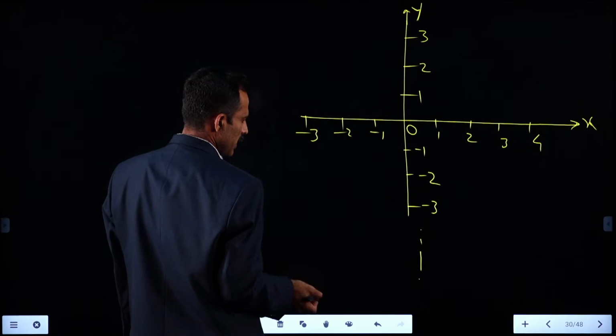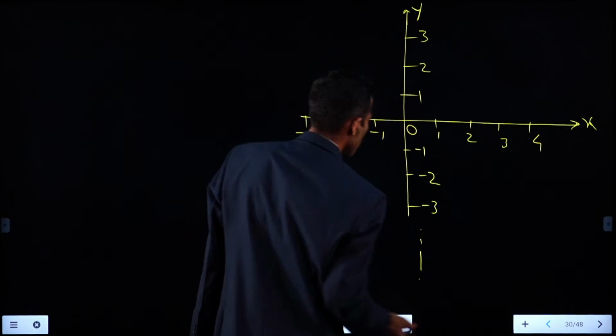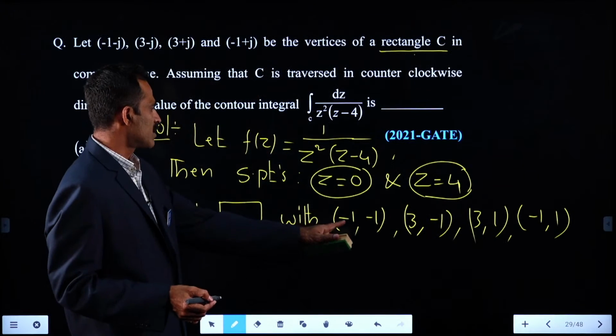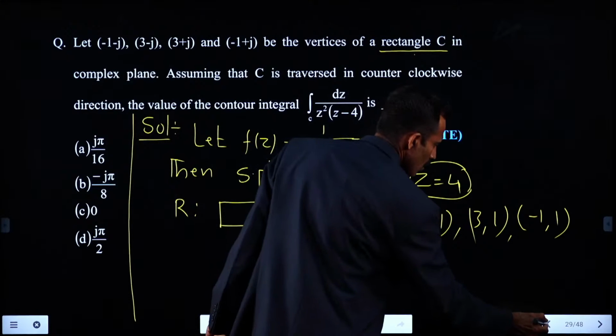The first vertex is minus 1 comma minus 1. It lies in the third quadrant.